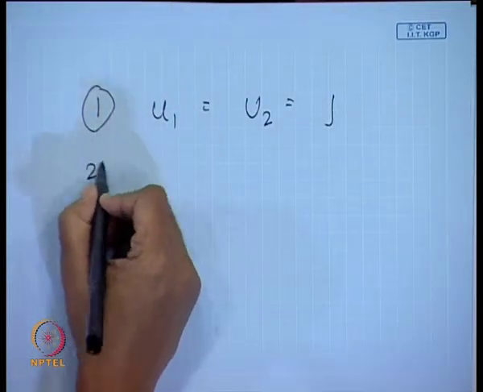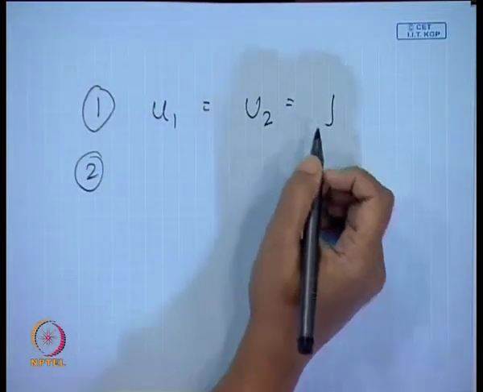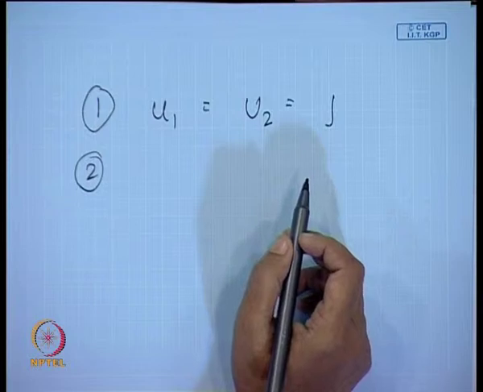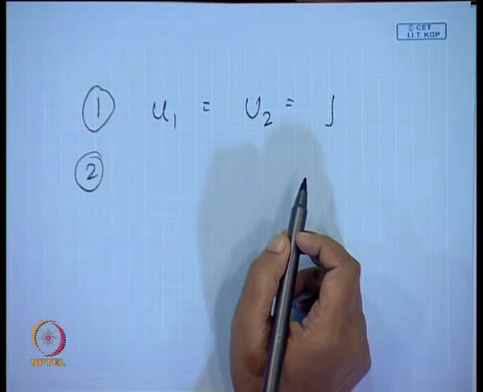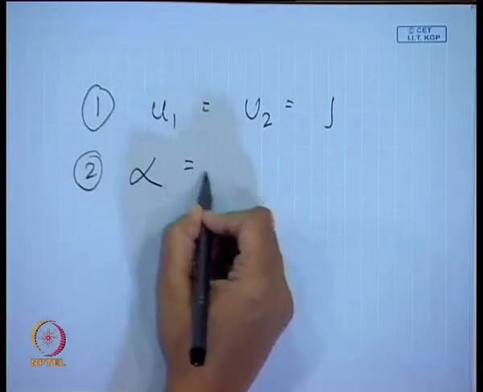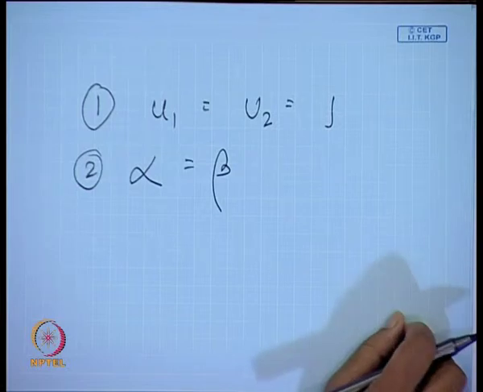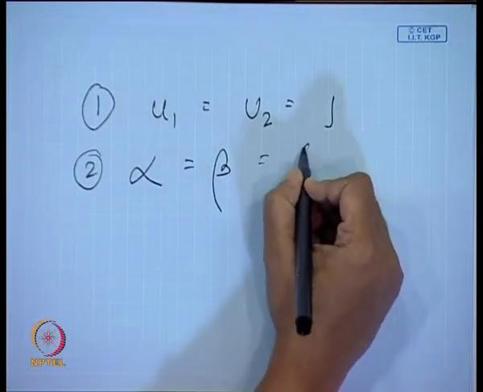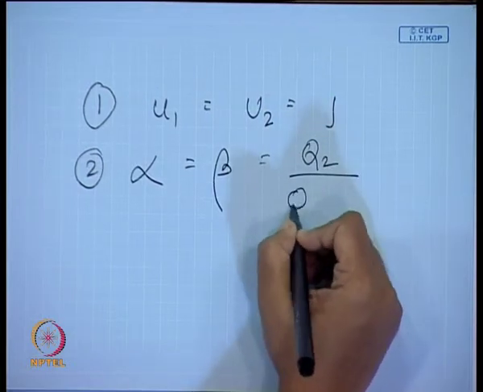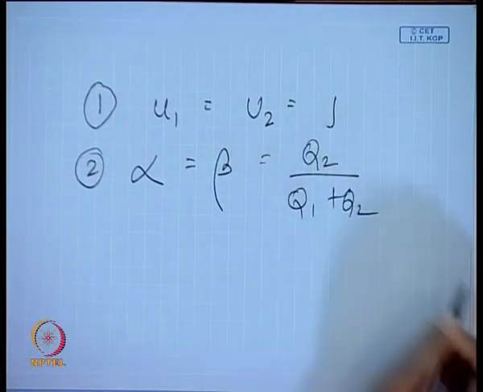Automatically the next thing it implies is that since there is no slip between the phases, due to the slip alpha was not equal to beta, you remember? So the next thing is alpha equals beta, or in other words alpha is nothing but equal to q2 by q1 plus q2.